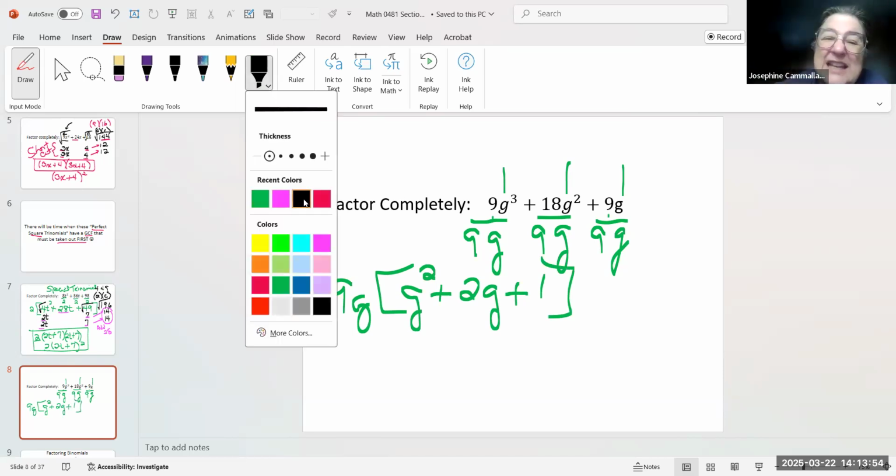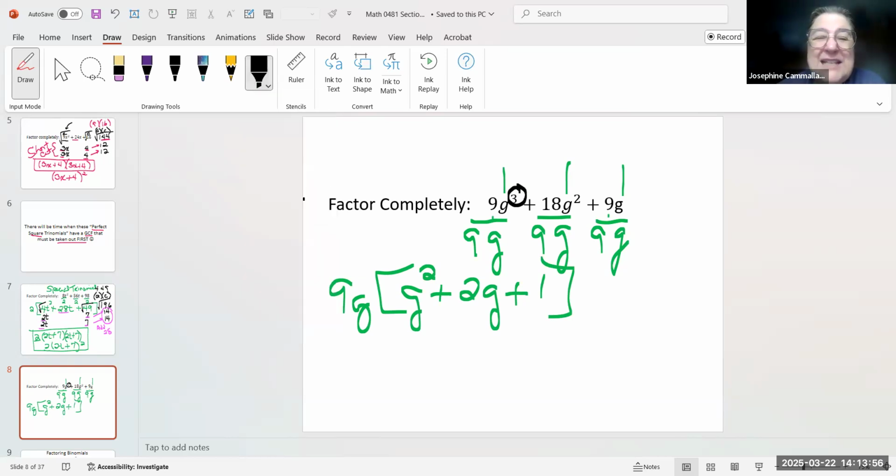And remember, this power has to be a perfect square. That's a cube. That should tell me that I have to take a G out as a greatest common factor for sure. But then the 9, the very first number. Can I divide 18 by 9? Yes. Can I divide 9 by 9? Yes. Now remember, this is a 1. This is a 1.